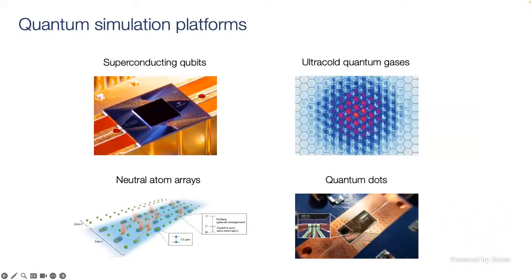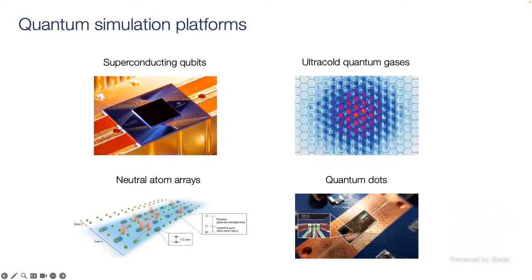So in fact, there are many platforms that we can use today for quantum simulation and to study dynamics. I list here a few, like superconducting qubits, ultra-cold quantum gases, neutral atom arrays, and quantum dots. These are just some of the platforms that I have personally worked on. There are many others, like trapped ions, that I haven't listed here.